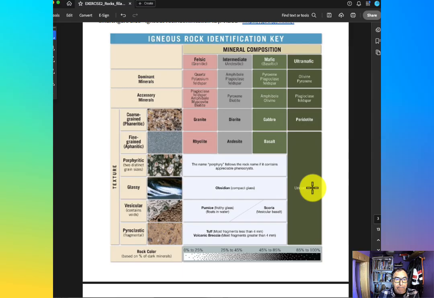Another important aspect of identifying igneous rocks, especially for the plutonic rocks, right? Remember, we have the volcanic rocks that erupt from a volcano, and plutonic rocks that cool within Earth, right? So remember, Pluto is the Roman god of the underworld, so he's down below. So that's where these magmas are solidifying, and they're making granitic rocks.